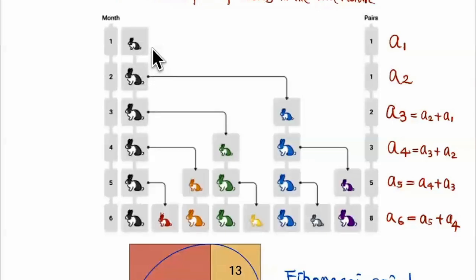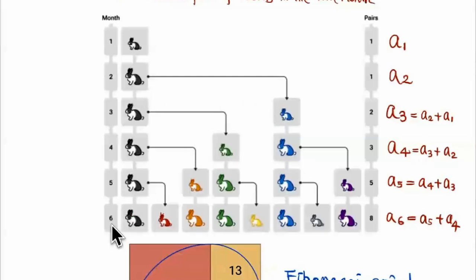So one pair of rabbit at the end of 2 months will mature, be big enough, and produce a pair of baby rabbits. And if this continues in this pattern, at the end of every 2 months, the rabbit that is 2 months or older is going to produce a new pair of rabbit.